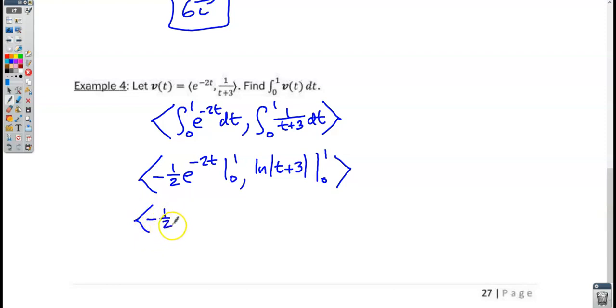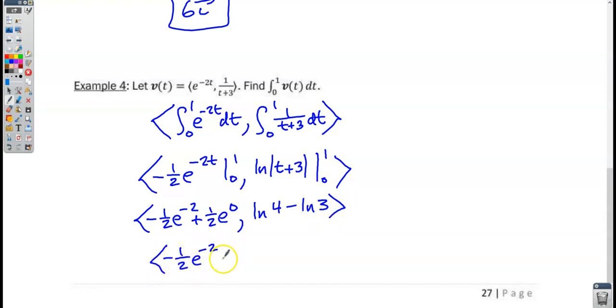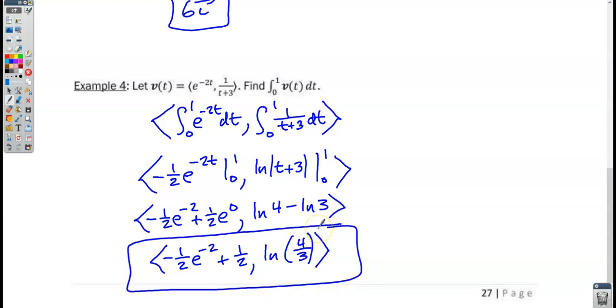We've got negative 1/2 times e to the negative 2 minus negative 1/2 e to the 0, and we've got natural log of 4 minus natural log of 3, and we'll clean those up, and that is going to give us our component form and our definite integral of the original vector function from 0 to 1.